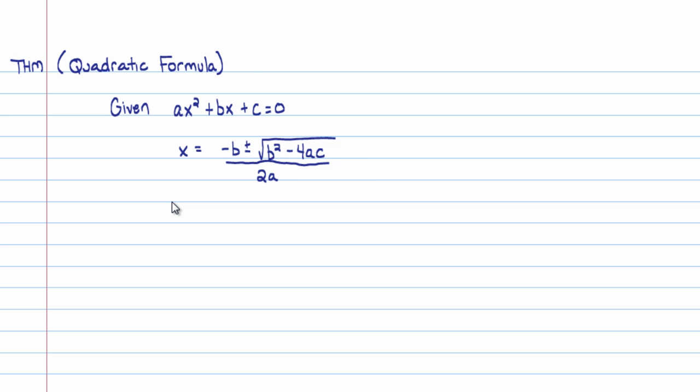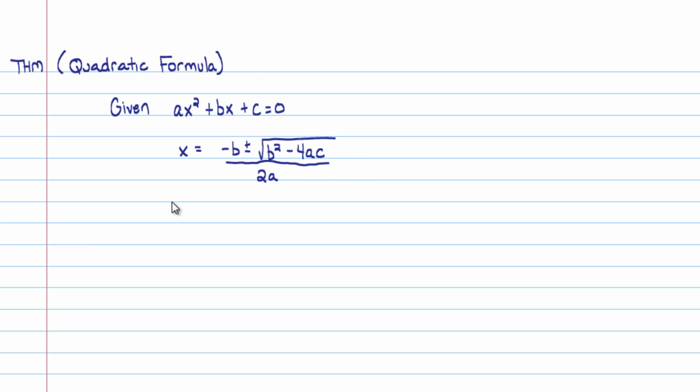If we are given a quadratic equation like that, then x, the solution, is given by the opposite of b plus or minus the square root of b squared minus 4ac, all being divided by 2a. Very important that that entire statement be divided by 2a.